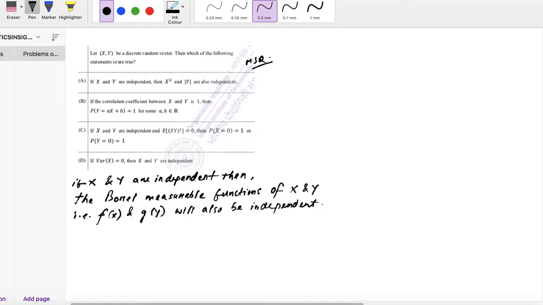See, here it is a function of x, this is also a function of y, so these two will also be independent. So option A is correct.